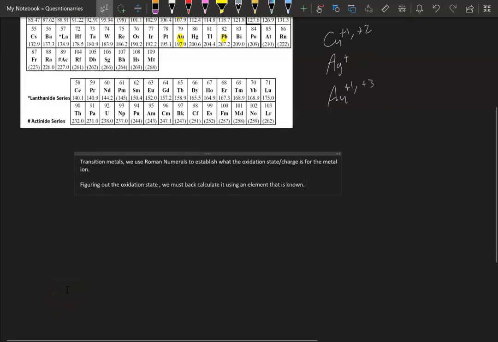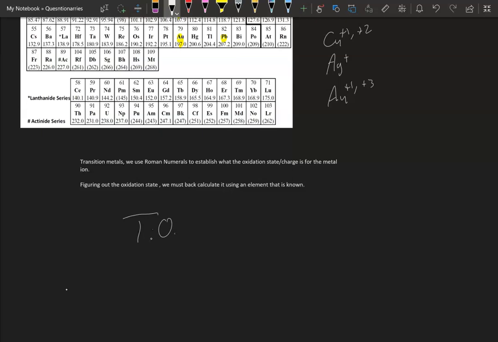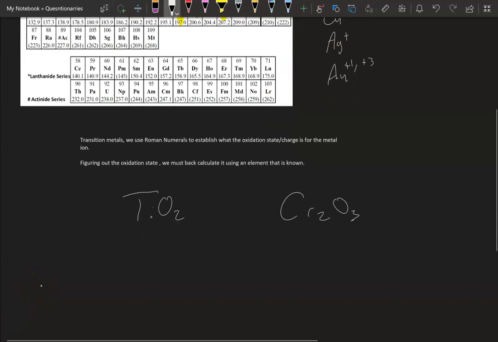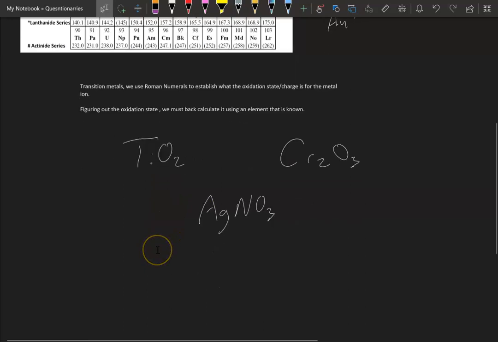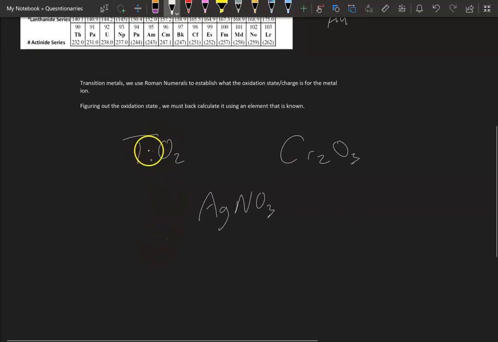Most commonly, you're going to come across things like this, in which case you'll have some understanding, because you'll be able to pick out the anions and know what their charges are. We're going to start off with this TiO2 here, and I'll use it as a starting point.